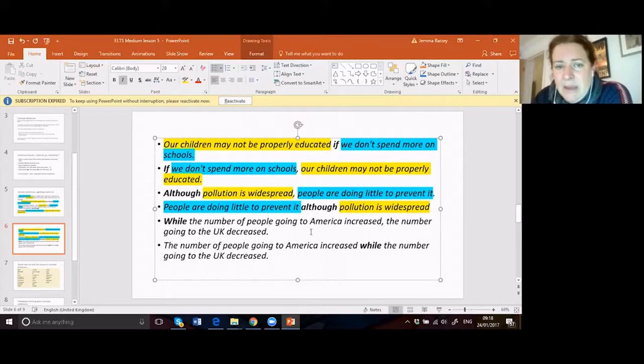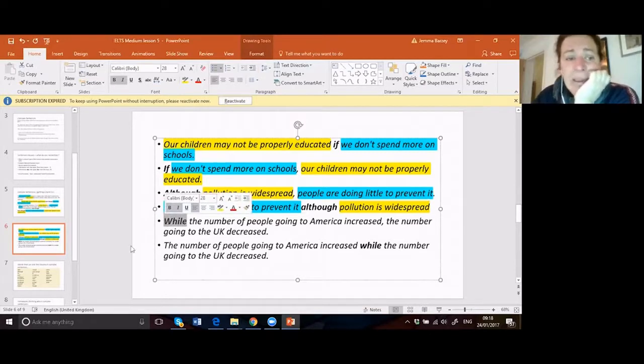Okay. So here's some other examples as well. While the number of people going to America increased, the number going to the UK decreased. So I've given a bit more information in this sentence, but it's still linked with the while. Okay.